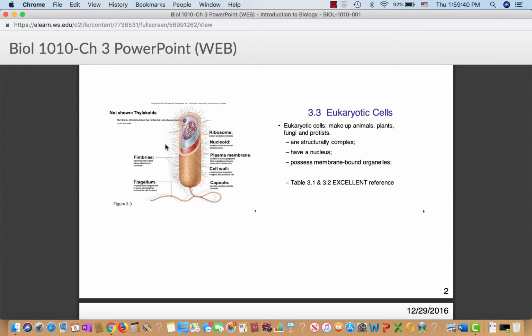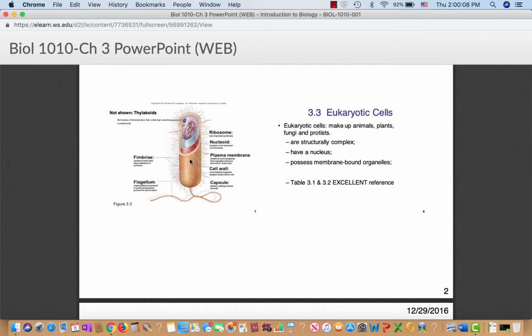Not shown here in this picture are thylakoids, but we'll get into those later. It's a flattened disc that contains pigment used by cyanobacteria and also other photosynthetic organisms to capture light so they can perform photosynthesis. The main thing here is you've got your fimbriae, which are just little hair-like bristles that allow them to stick to surfaces, flagella for movement.